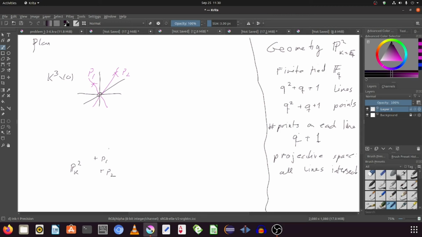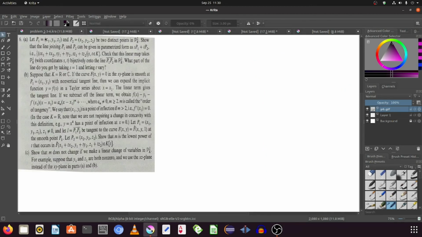Right. So back to this problem. The actual problem of the book, that two distinct points, the line joining them can be parameterized.